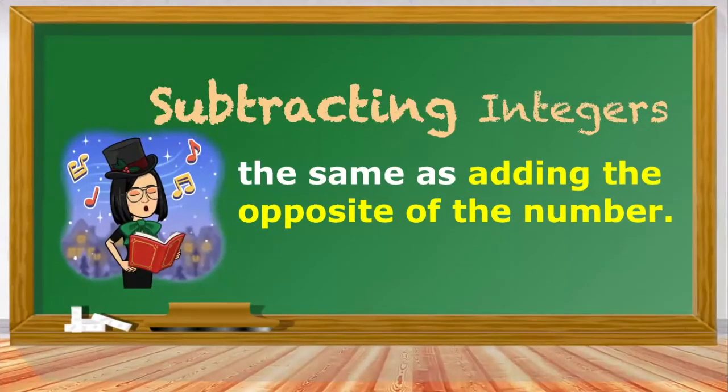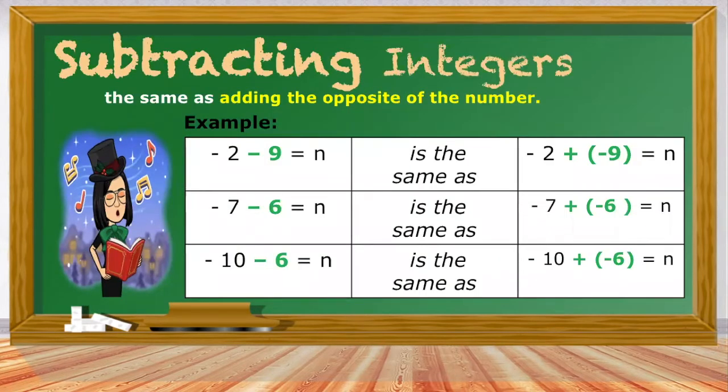Let's go to subtracting integers. It is the same as adding the opposite of the number. Let us focus on our given table. Example, negative 2 minus 9 equals n is the same as negative 2 plus the opposite of positive 9, which is negative 9, equals n.